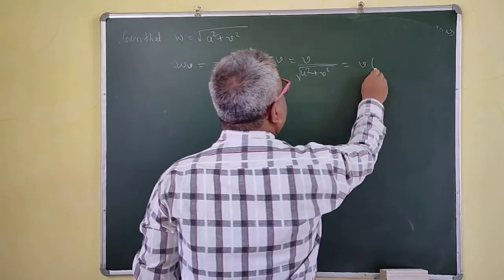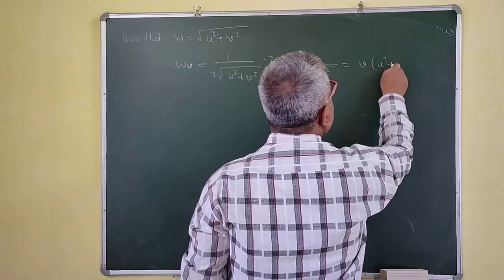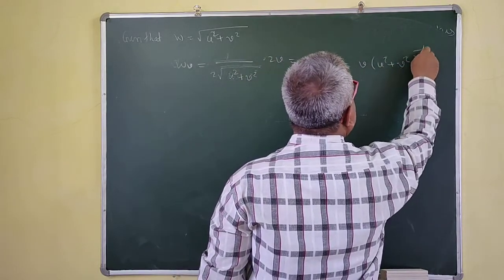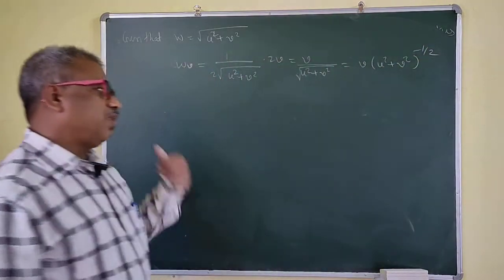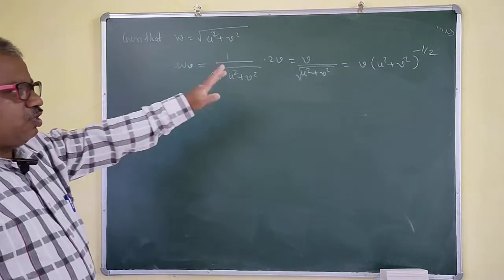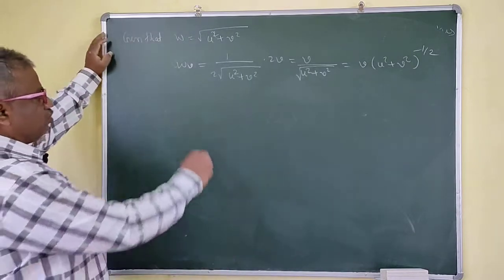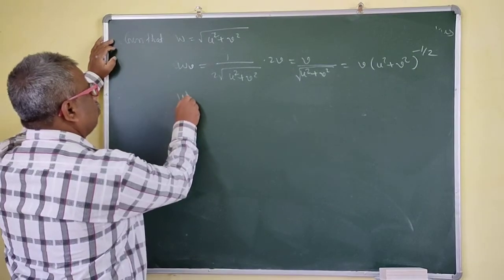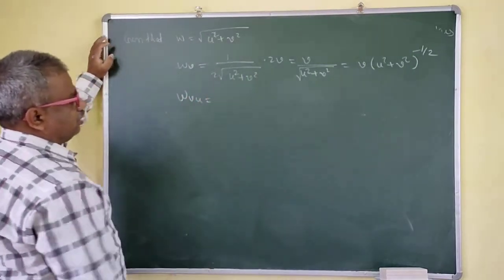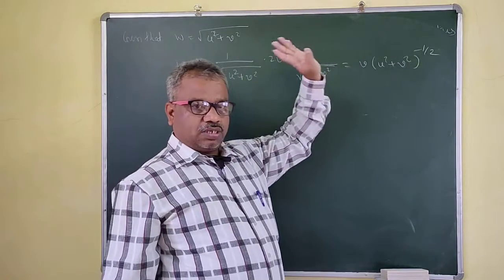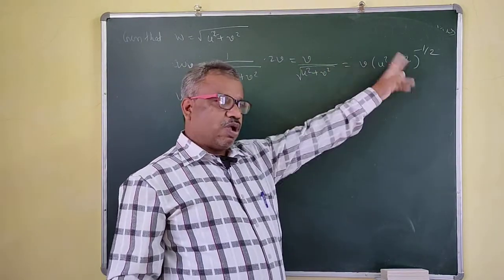For the second one, we write minus half. Doesn't matter, instead of using the u variable directly we can use the product rule, that also we can do. This is w_vu. We will differentiate this with respect to u. Now this v is constant, and only this is a function of u, so we have to differentiate this.